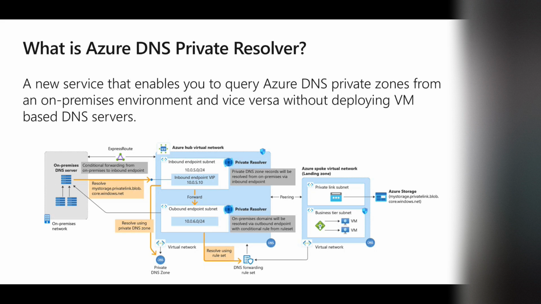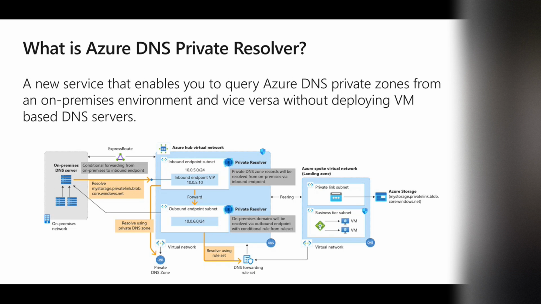So with that, you don't have to use both. You may have the need only from on-prem to get name resolution for the private endpoints that are in Azure. In that case, you just need the inbound endpoint. That's it.